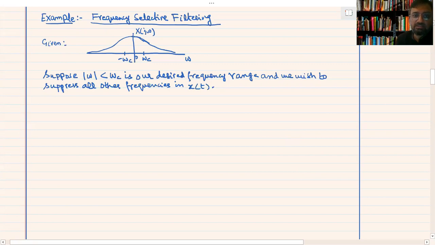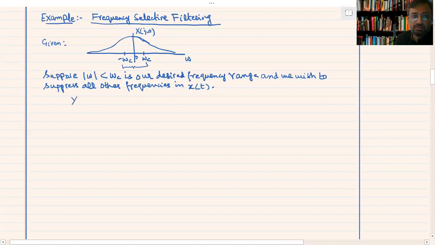And in the spectrum, we see a lot of frequencies. However, we do not need all the frequencies in the signal, and we want to suppress the frequencies which are greater than ω_c and which are less than minus ω_c. That is, we only need frequencies in this range from minus ω_c to ω_c, and we want to suppress all the frequencies outside this range.